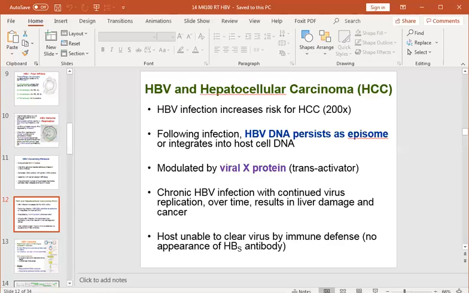And if the DNA remains persistent and we have the transactivator viral X protein present, we have chronic HBV infection while the virus is being continuously replicated. And over time, it results in irreversible liver damage and eventually cancer of the liver, or hepatocellular carcinoma.